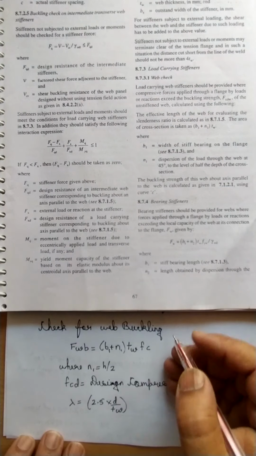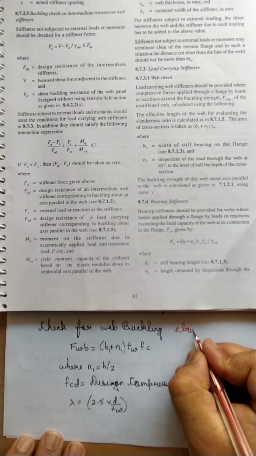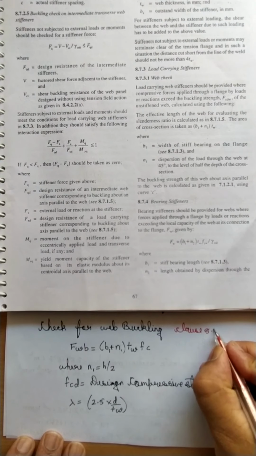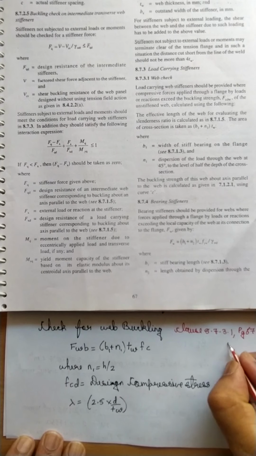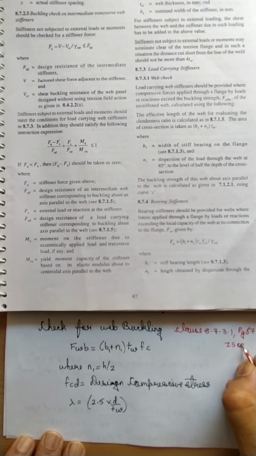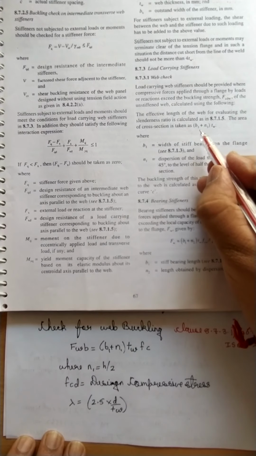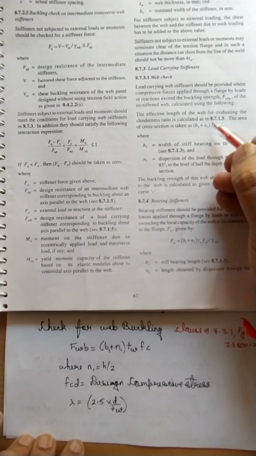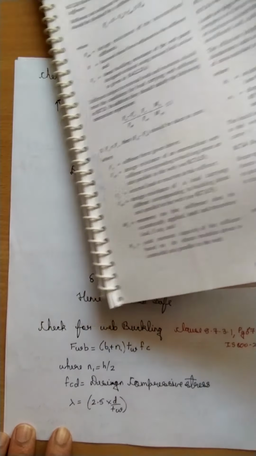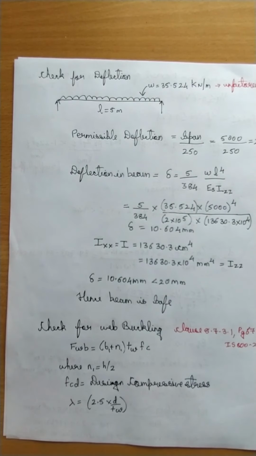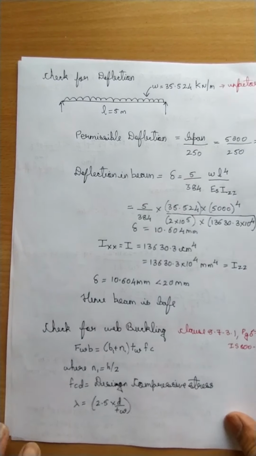So check for buckling from clause 8.7.3.1, page 67 of IS 800/2007. You can see here b1 plus n1 into tw. So this I have multiplied with the stress. So I will get directly the buckling strength. So let us compute now.